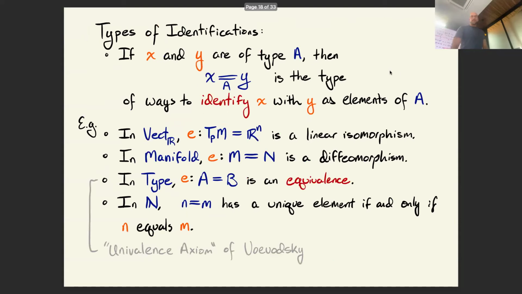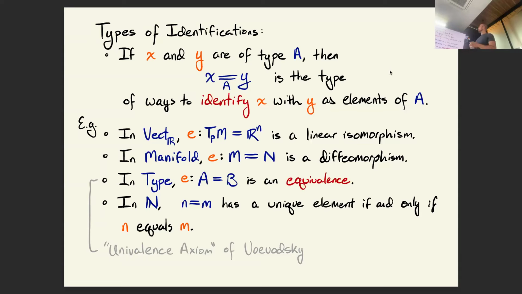Okay. Finally, we have this notion of identifications, which is how we express equivalences between objects. The idea is that if x and y are objects of type A, then a way of identifying x with y is itself a mathematical object, and therefore we should have a type of ways to identify x with y.